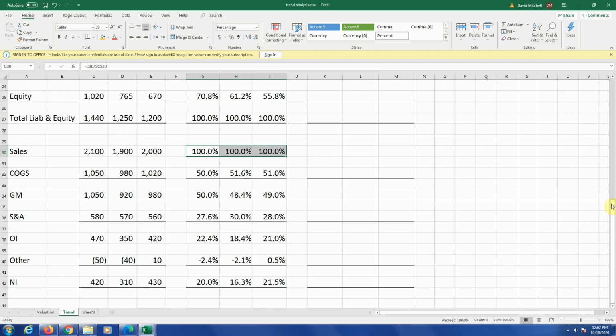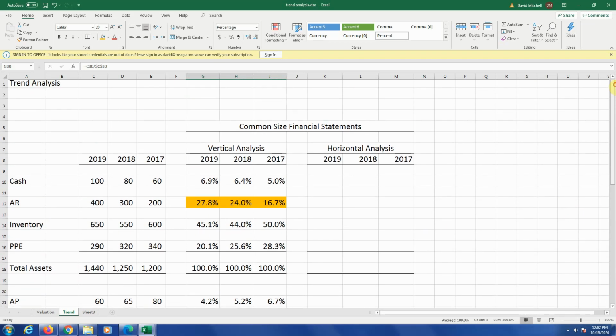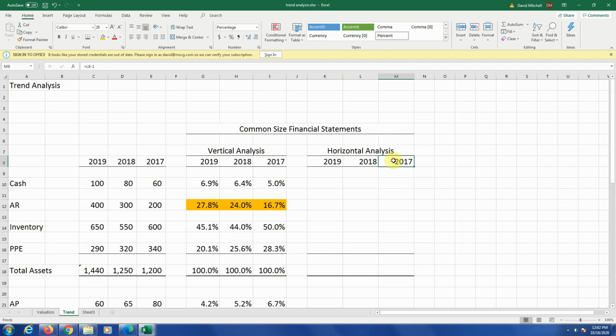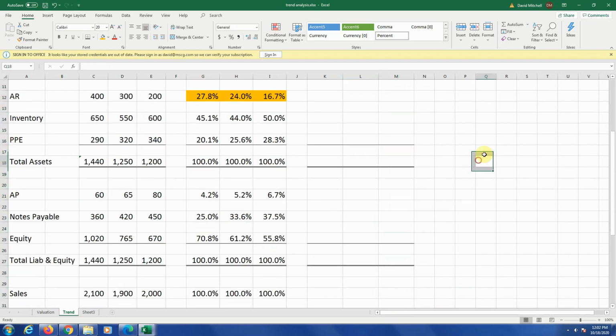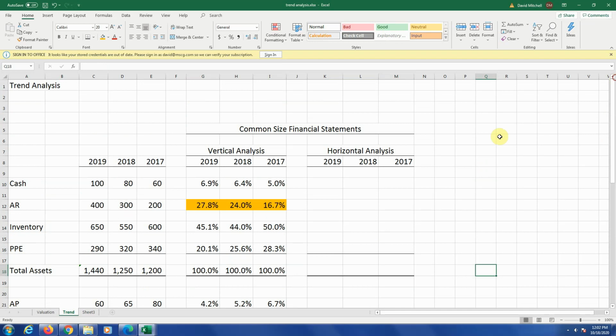Okay. And then on our horizontal analysis, we take our earliest year, and we set everything in that year equal to 100%.